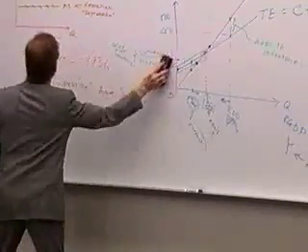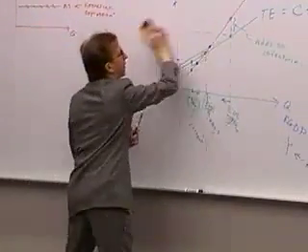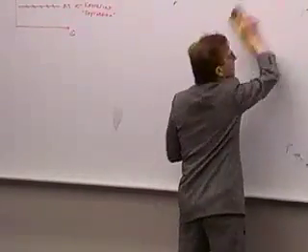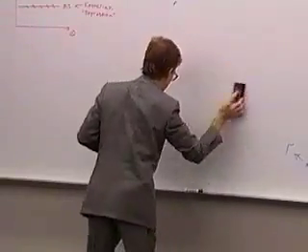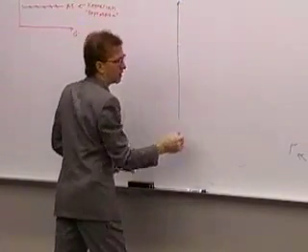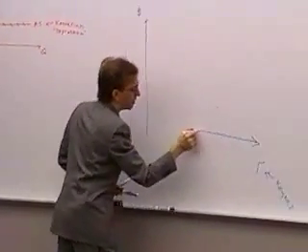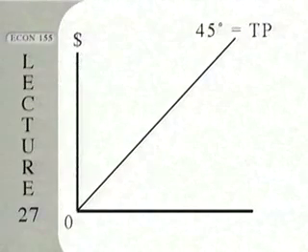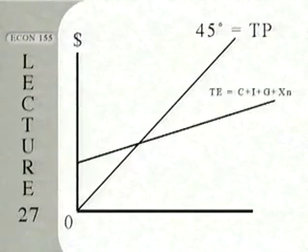Okay, well, let me erase just a little bit and we'll take on another little problem here. We'll draw the same diagram. Here's the 45-degree line, total production. We'll draw a total expenditures curve. We see where the equilibrium is.